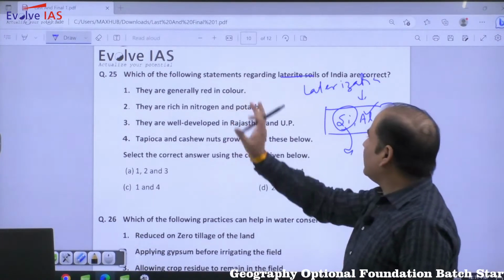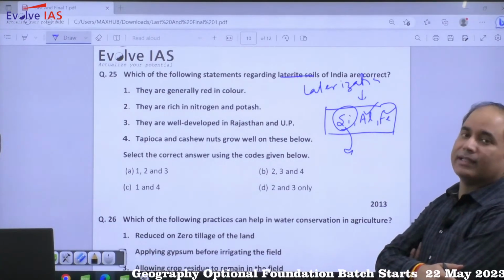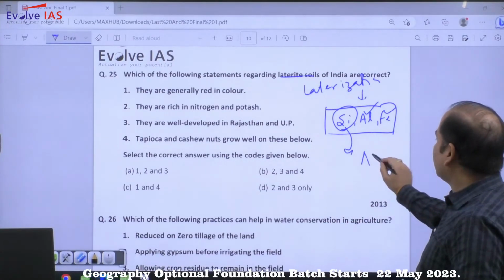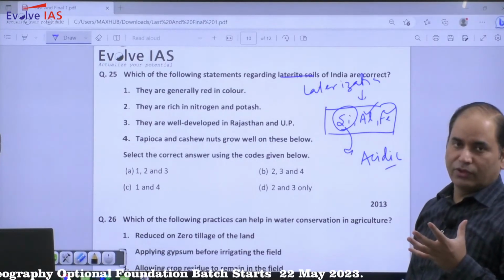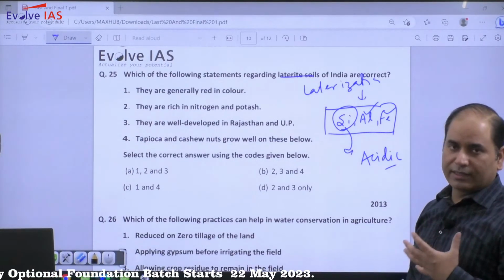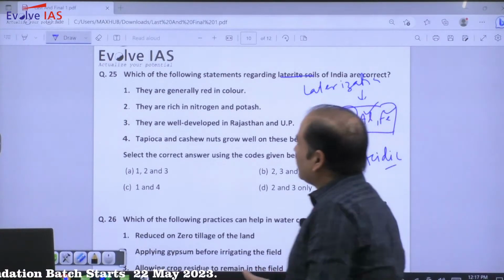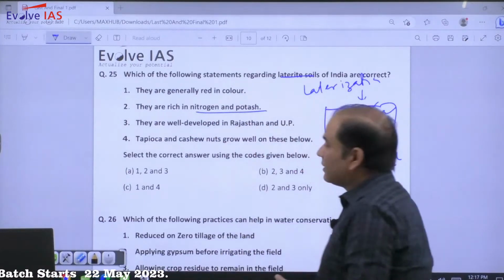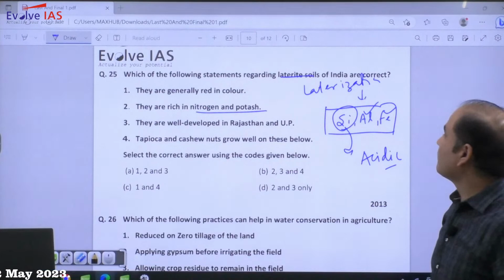Because the silica is leached out, the nature of the soil will become acidic. As a rule, just remember, acidic soil is not good for cultivation, and also it is not that fertile. So the statement that they are rich in nitrogen and potash is incorrect. They only have a good amount of aluminum and iron.